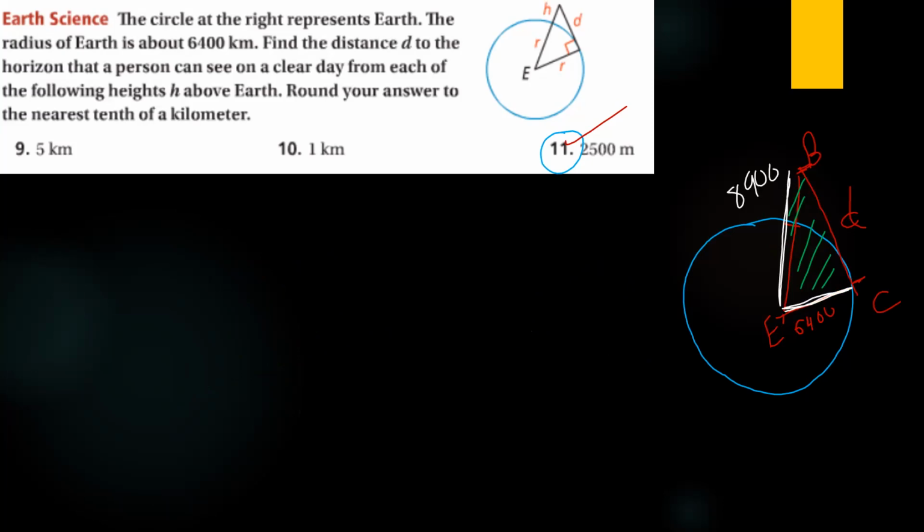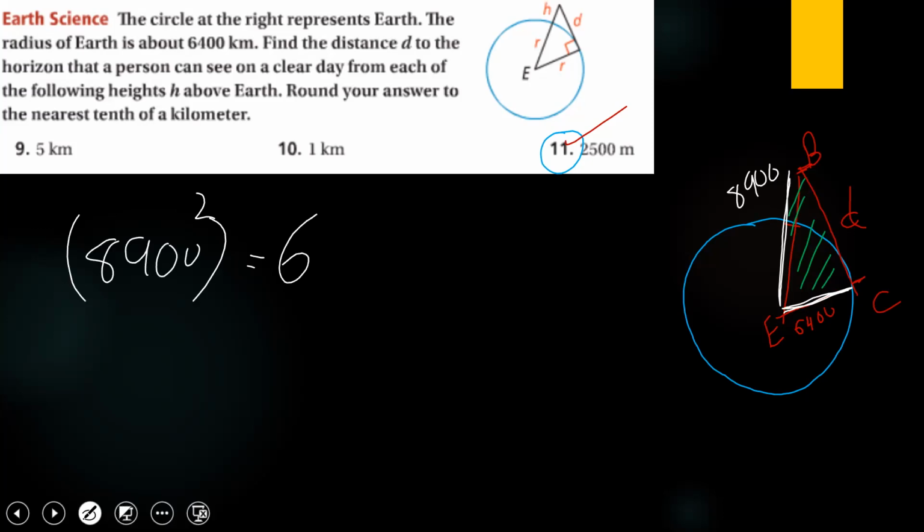Where's now the hypotenuse? It is 8,900 squared. So I will go to the Pythagorean theorem: 8,900 squared equals 6,400 squared plus d squared. Then 8,900 squared minus 6,400 squared, you will get this big number under the square root.